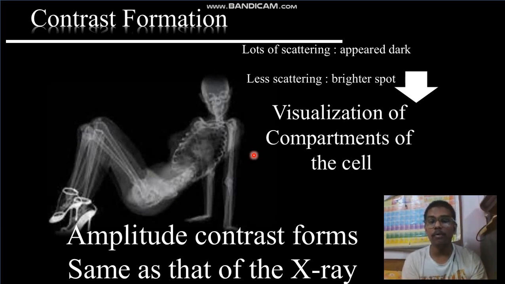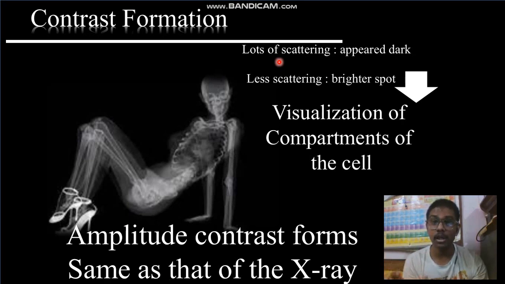It is exactly the same for TEM also. Transmission electron microscopy uses the principle of amplitude contrast formation like X-ray, which is helpful for visualization of the compartments of a cell. The basis of that contrast formation is that where there is more density, there is more scattering of electrons.